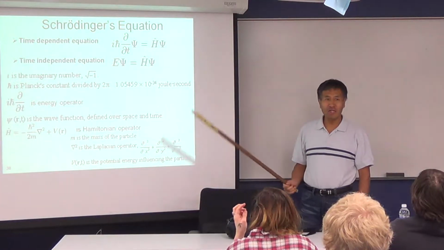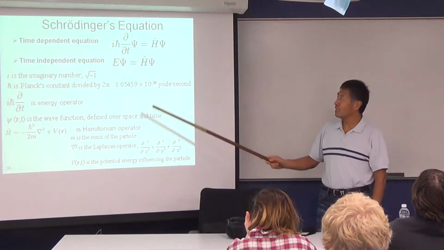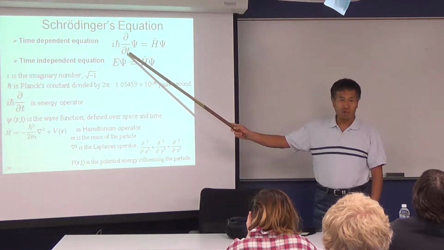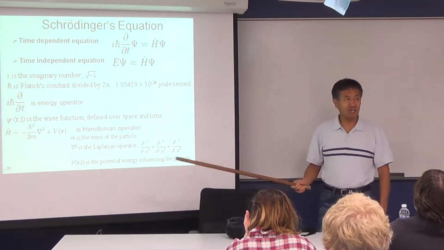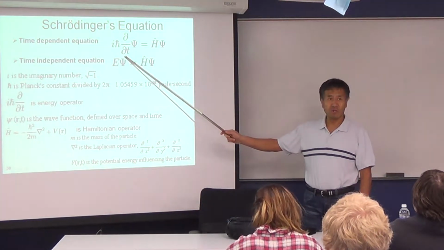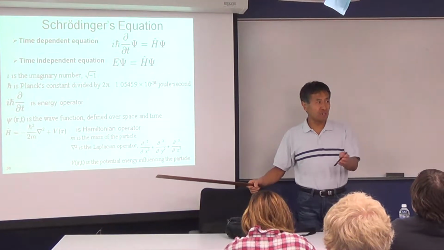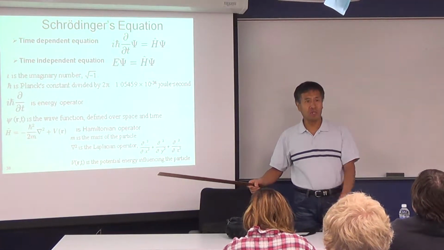So that equation, you don't have to worry about that equation in this chapter. Just know that equation is... if you study a little bit of calculus, you know those are the so-called derivative calculus, right? Calculus means integration and derivative.